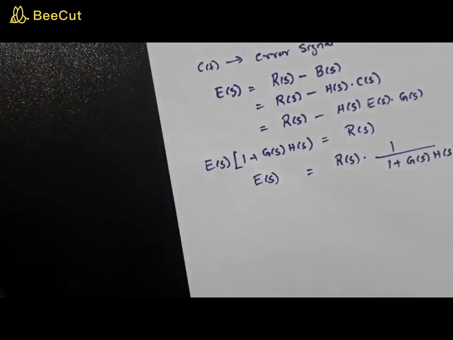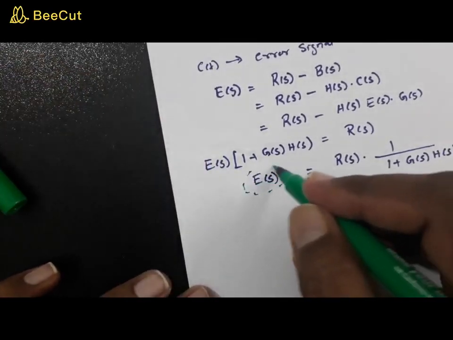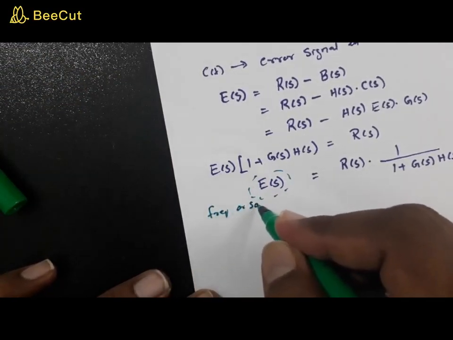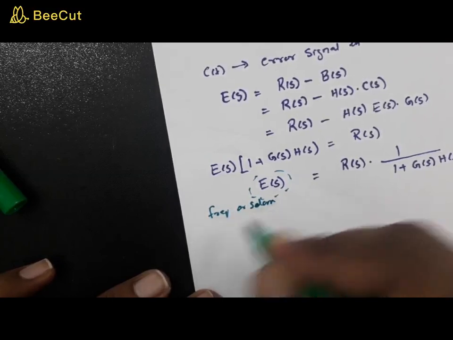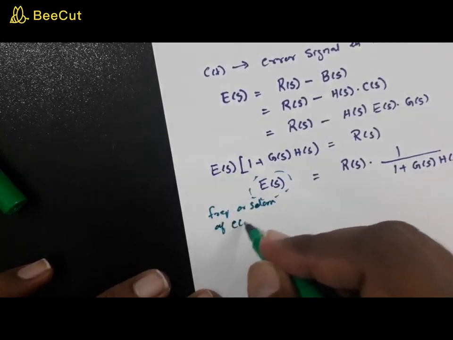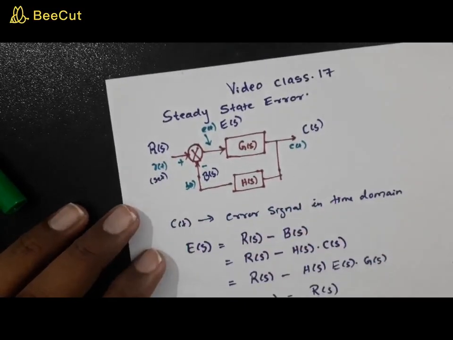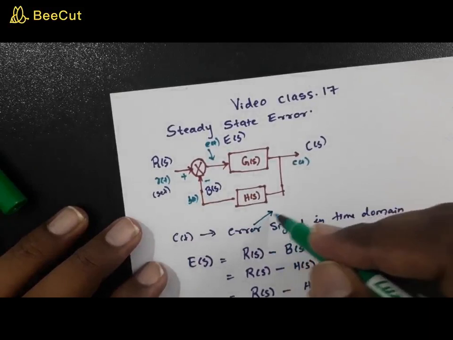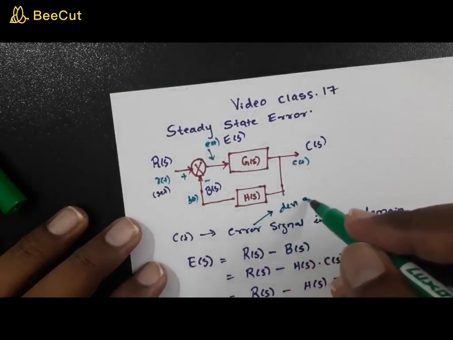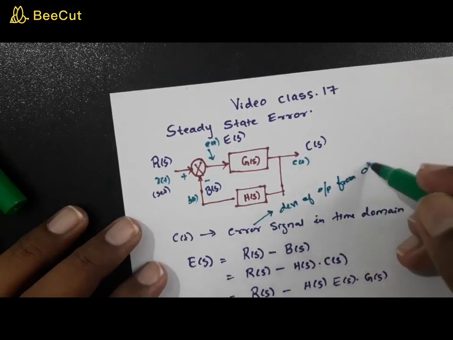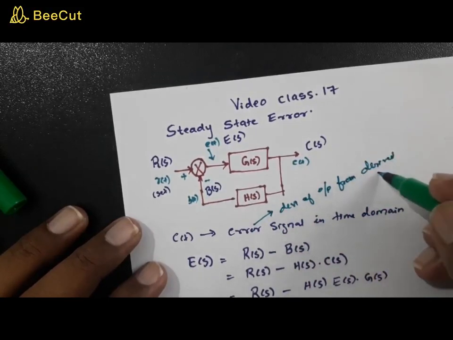What is this e of s? e of s is actually the frequency domain, or s domain, of the real error signal, or the deviation of the output from the set point. That is what is called error. So error refers to the deviation of the output from the desired value.